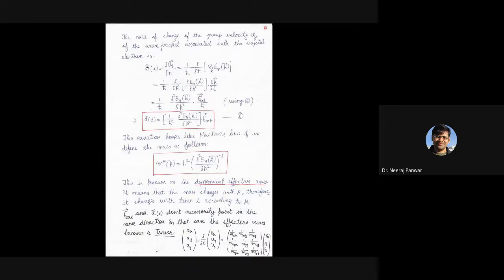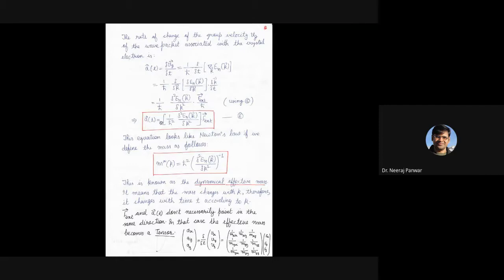So the acceleration term is this thing times the force. And what is this equation? It is A is equal to F upon M. It is kind of that equation.